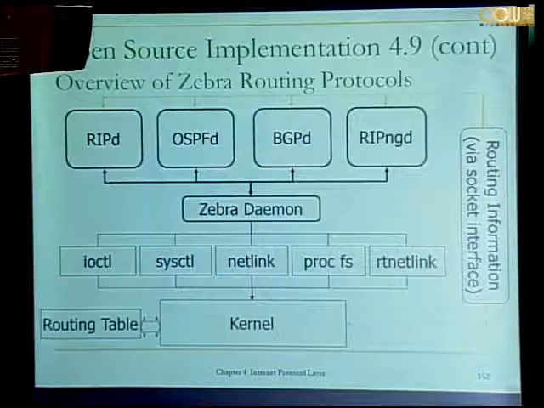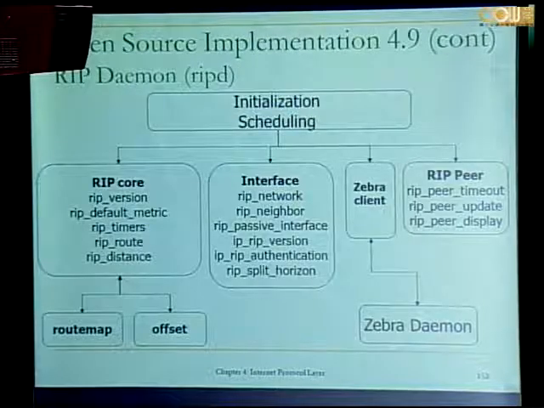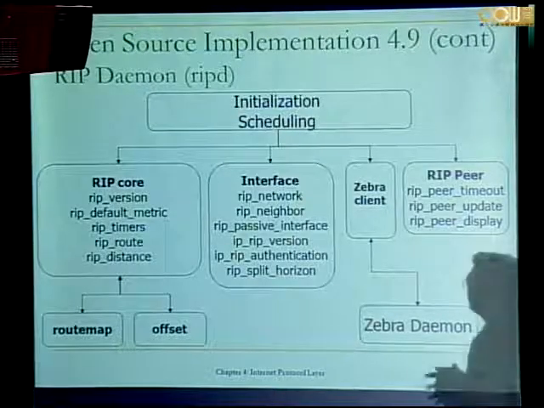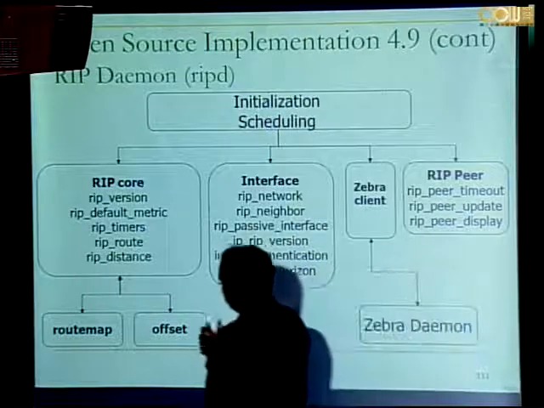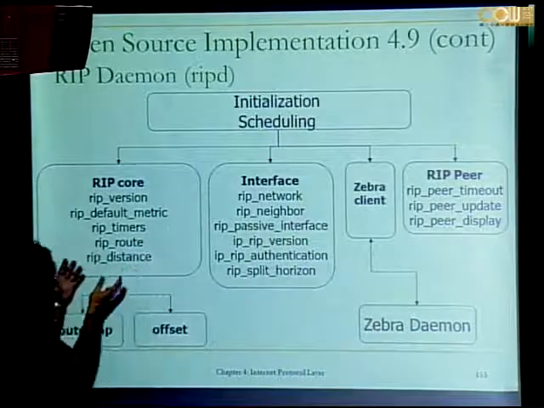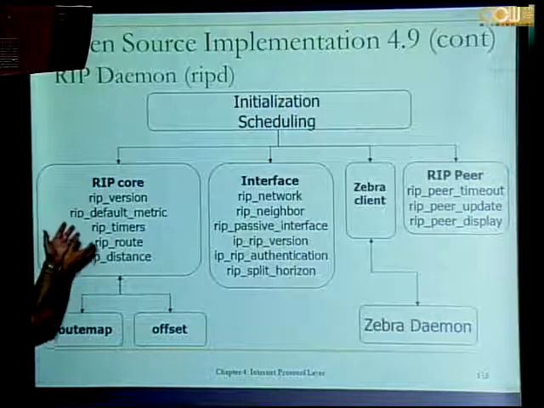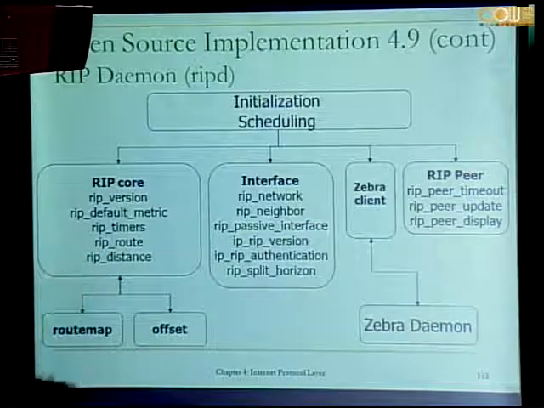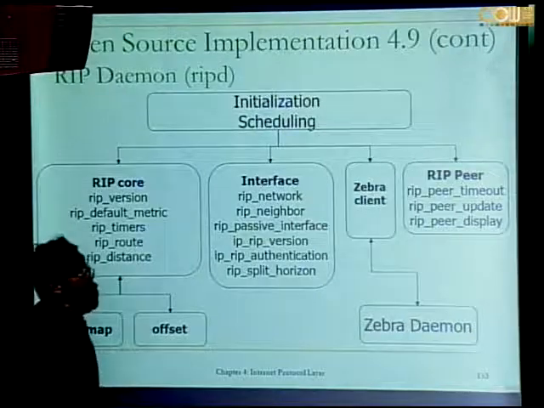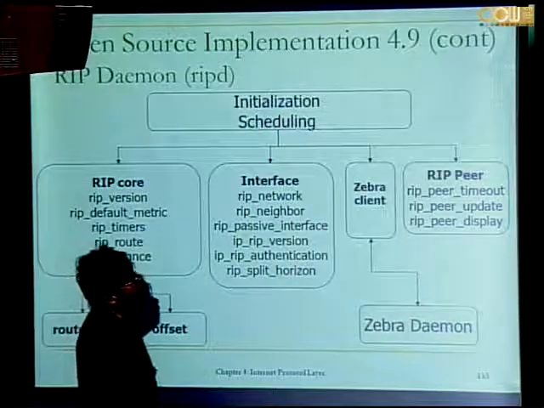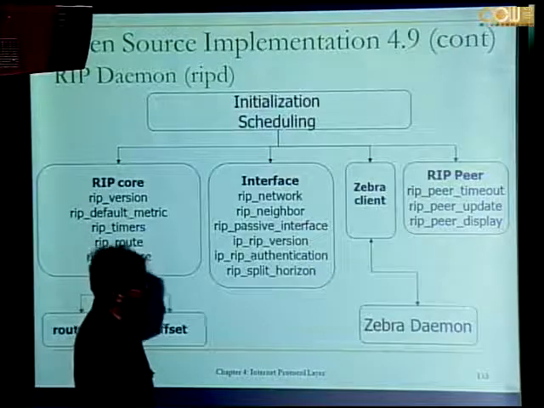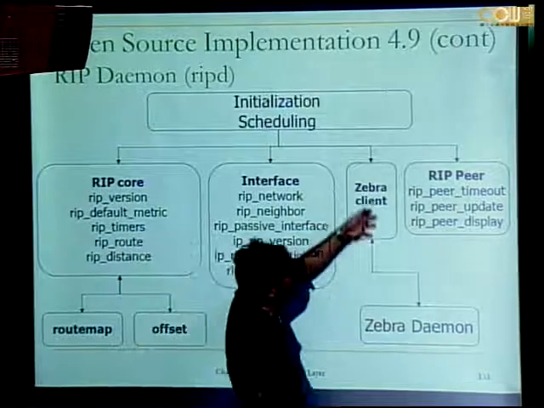And within RIP-D, this daemon process, its computation is done here. I compute the Bellman-Ford algorithm here. And if the computation has some result and I need to update the routing table, I go through here.